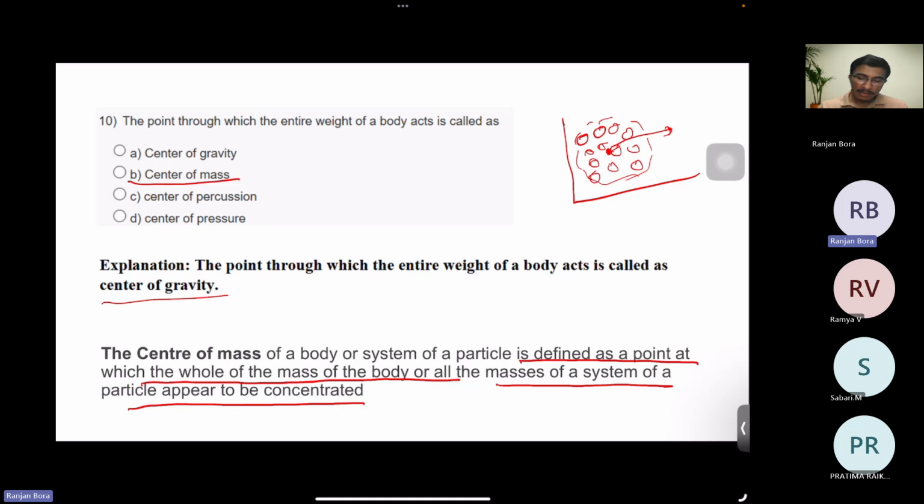And the point through which the weight of the body will act, that point is known as center of gravity. This is the center of mass, and if the weight is acting through this point, then this point is also known as center of gravity.